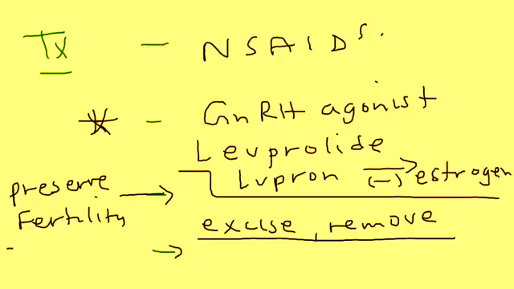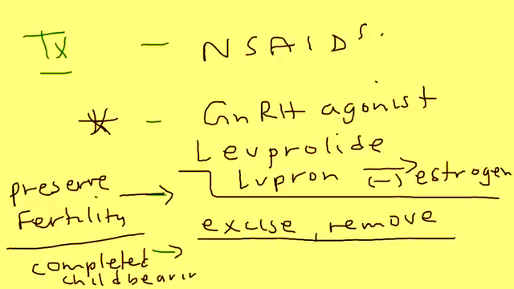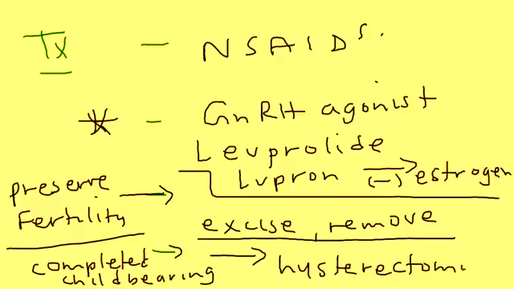But if the woman is done, she's completed her childbearing, then what's the option? Well, I'm sure you can figure it out. Hysterectomy. Just take it all out, because she's done with having children and she doesn't need those pelvic organs anymore. So this is a quick summary of endometriosis.